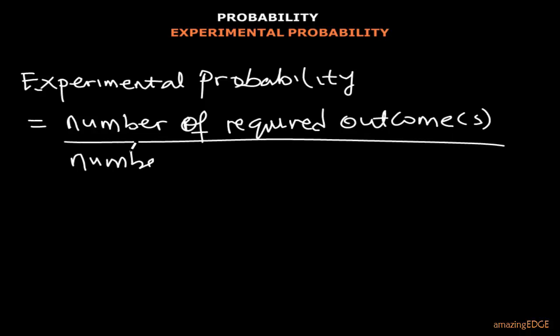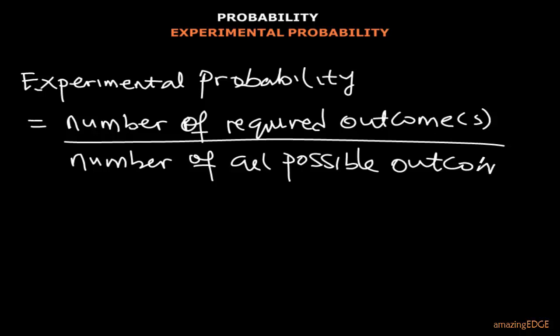So the number of all possible outcomes. So now, this will be the formula for calculating experimental probability. But in fact, even when we go further, we see that this formula is the formula for defining probability generally, whether it is experimental or theoretical.